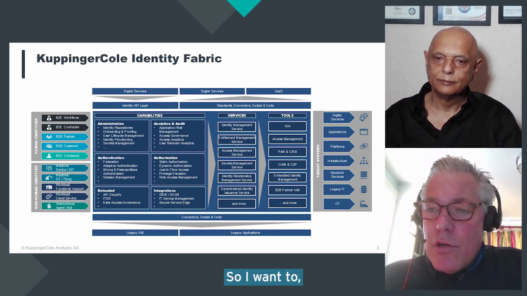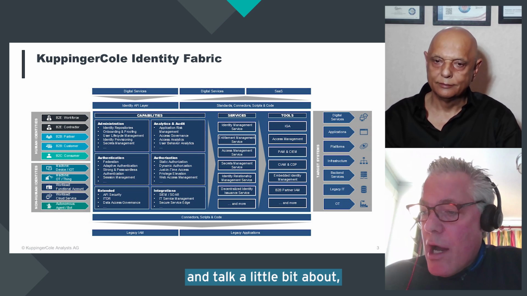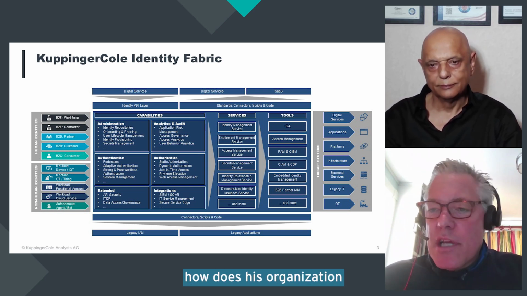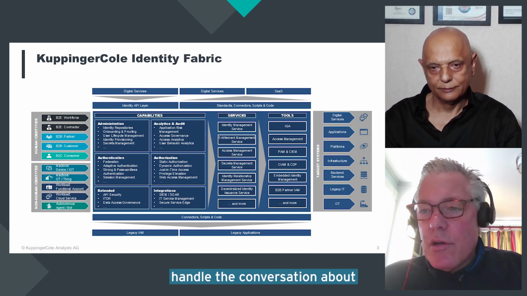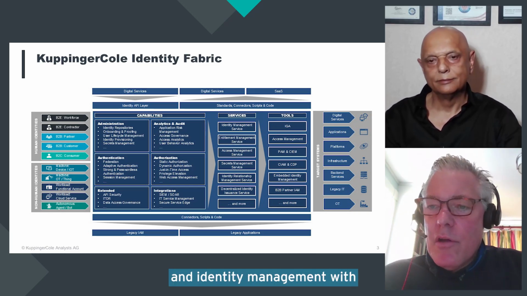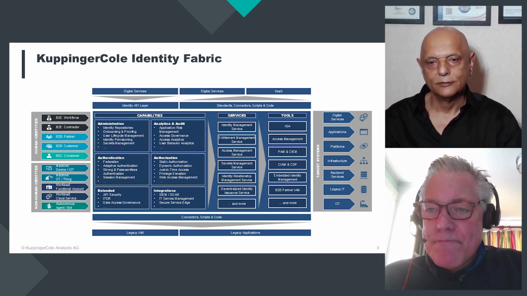So I want to hand it over to Binod and talk a little bit about how his organization handles the conversation about platform and fabric and identity management with your customers?